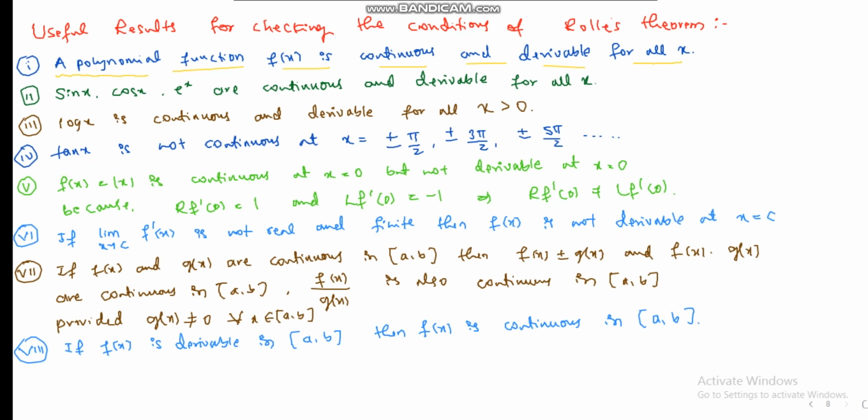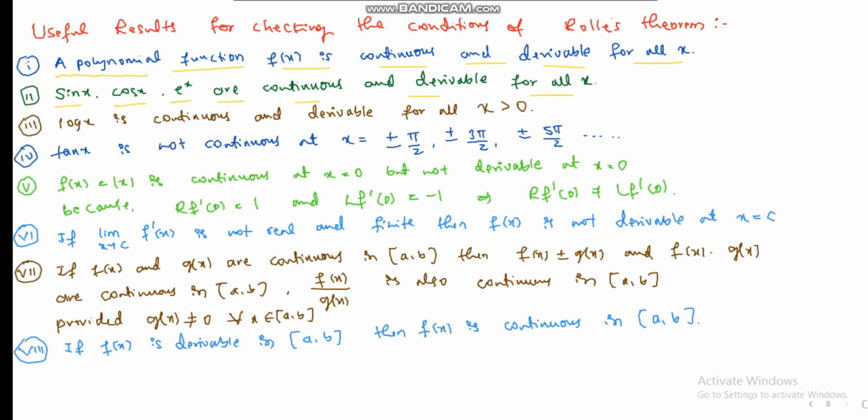The second one: sin x, cos x, and e raised to x are continuous and derivable for all x. Then we go for the third one.